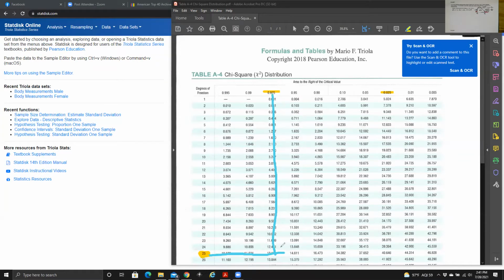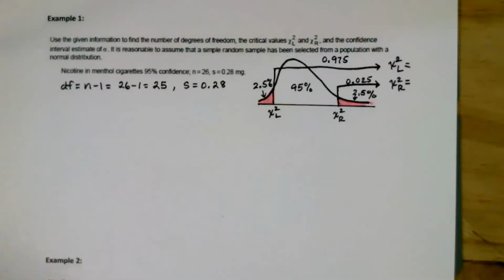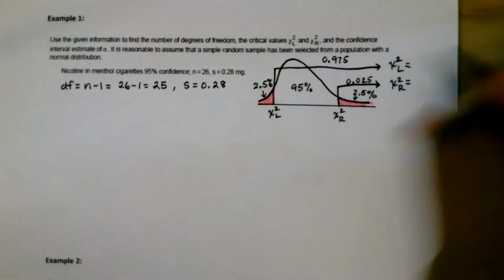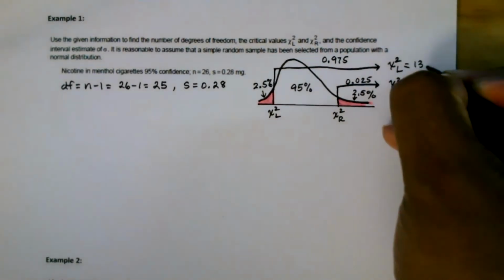That's going to be the chi-square critical value on the left, which is in this case 13.120. Here it is. As you're going across and down, it will be 13.120. So for the chi-square value on the left, let me go back to this. The chi-square value on the left would be 13.120.